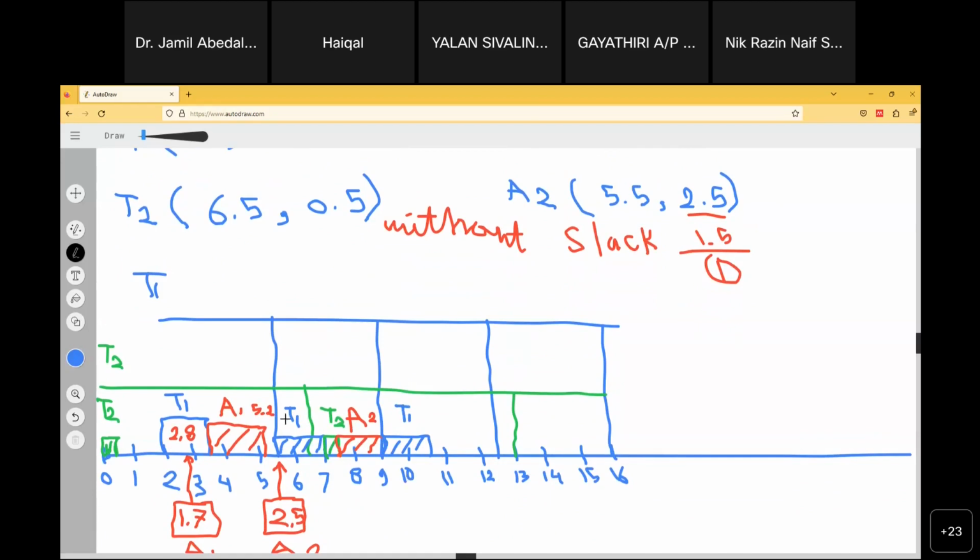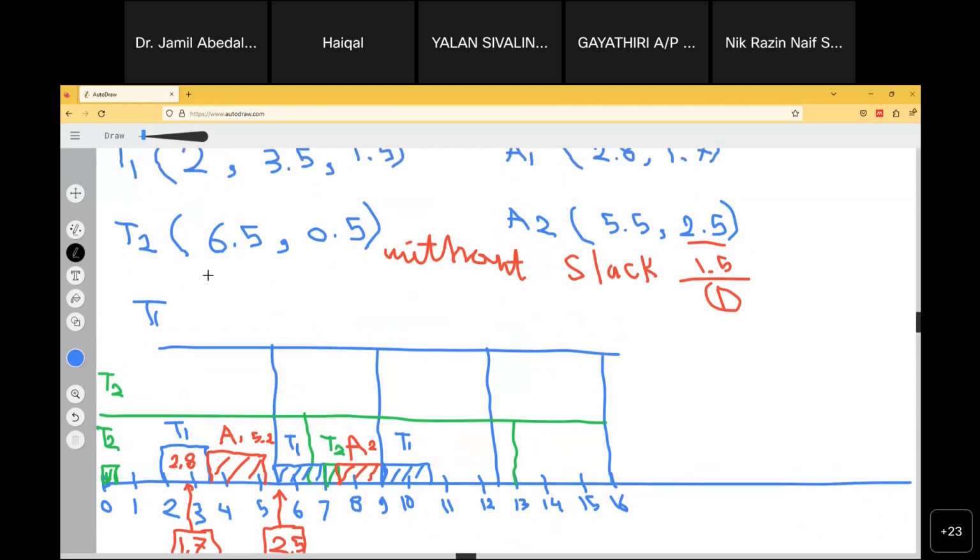Can we execute task 2? Since the priority is given to the periodic, can we execute task 2? No. Why? Exactly, because the interval of task 2 is from 6.5 until 13, and we need to execute only 0.5, which is already done.